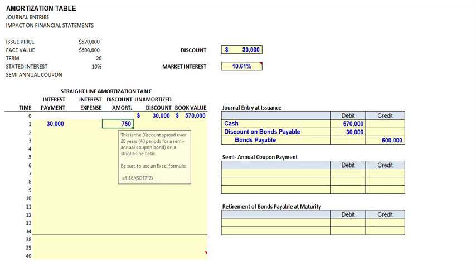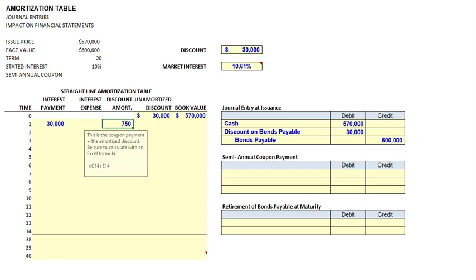Our amortized discount will be the $30,000 discount spread over 40 periods. And again, 40 periods because it's a semi-annual coupon. Our interest expense then will be the $30,000 interest payment plus the $750 amortized discount.